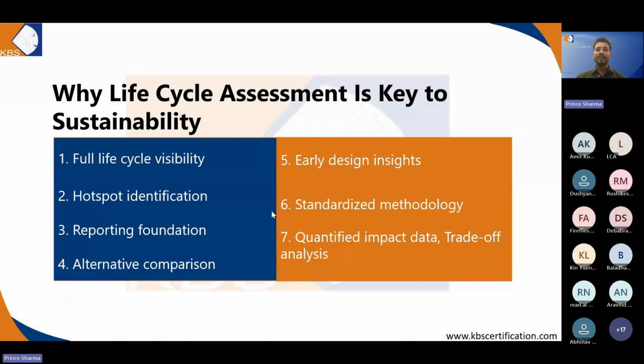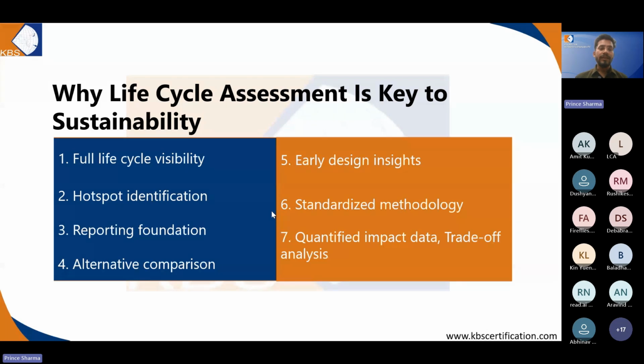They are just a checkbox tick activity where we have just reported the things and we have not done anything on the ground, or at least not strategically or by whole life cycle thinking. When we do life cycle assessment, all of the things we find from it contribute to your better ratings in GRI, in BRSR, or in CDP reporting.